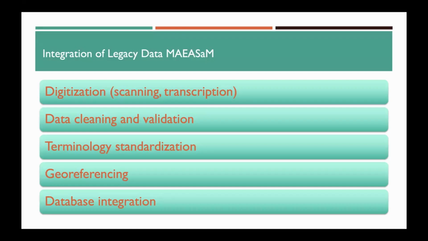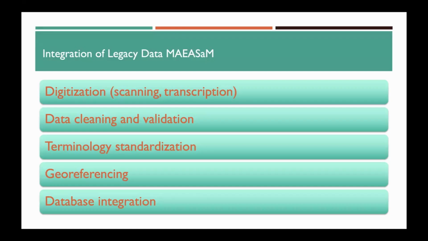In the MySAM project, this is particularly important because we are working across different countries in Africa and different traditions of recording, describing, and so on. So establishing controlled vocabularies ensures that data can be compared and queried effectively.